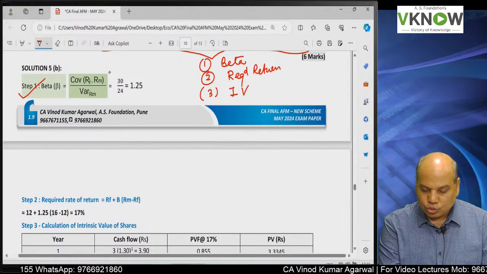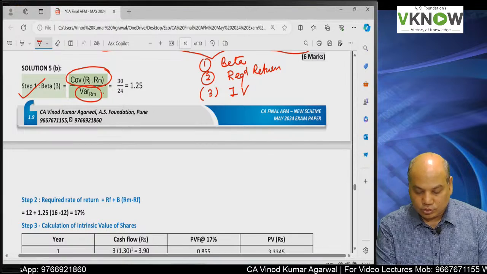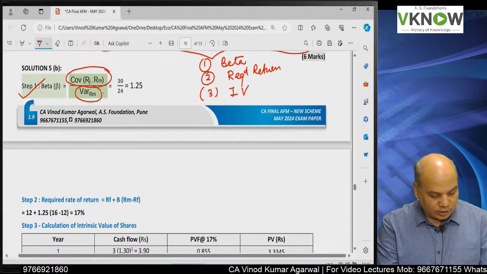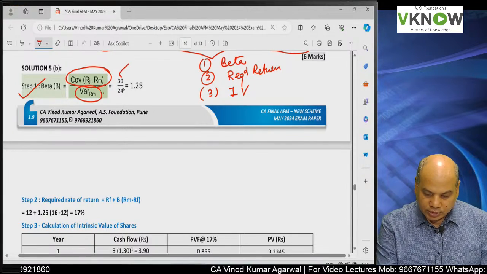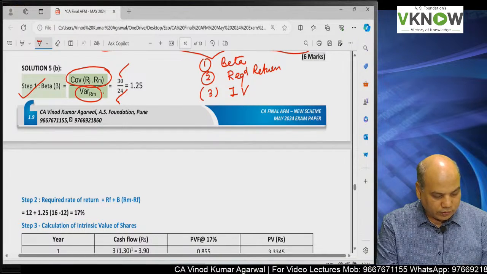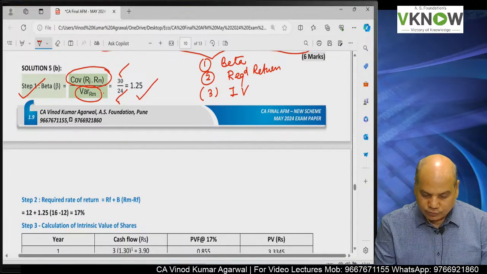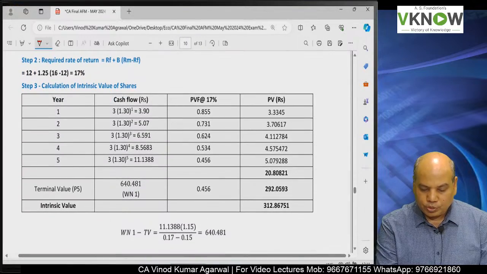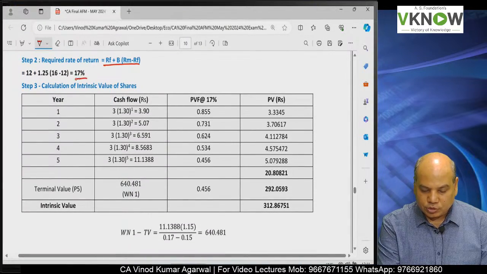Beta formula is covariance of the stock's return with the variance of the market portfolio. Both are given in the problem. 30 divided by 24, 1.25. Then you compute required return using CAPM, you get 17%.